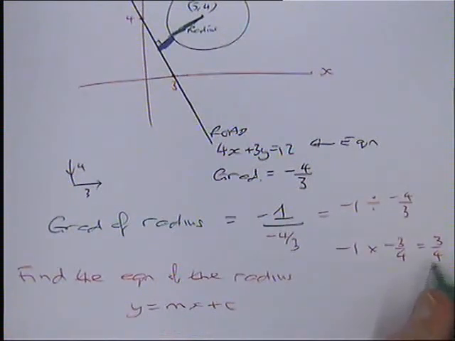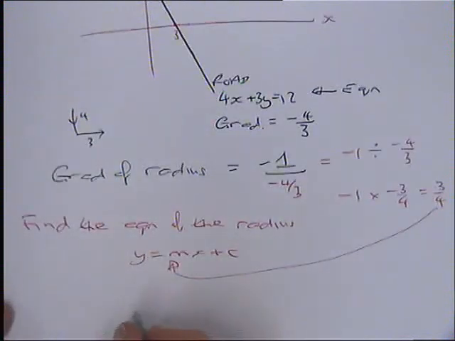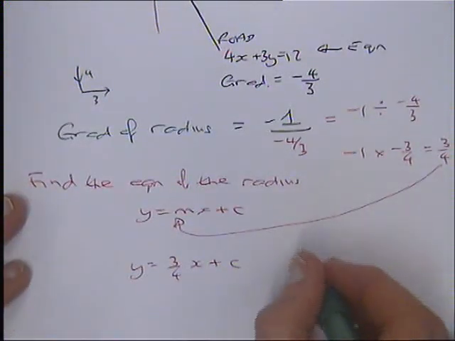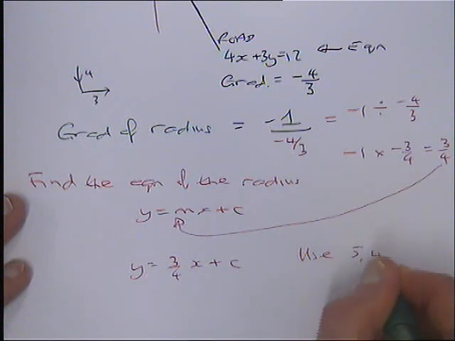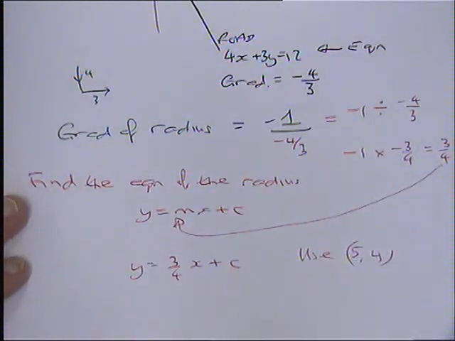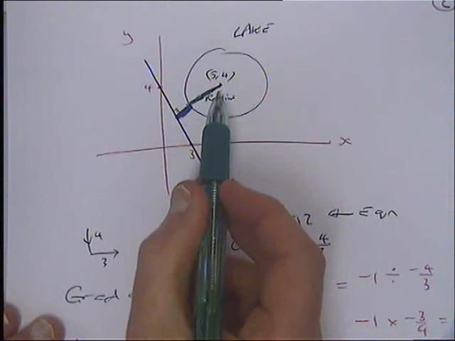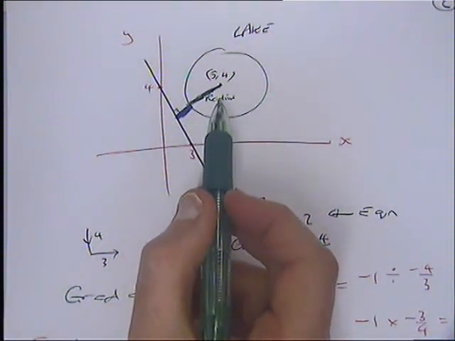I know that that 3/4 there is that m, that's the gradient. What did I do last time to find out a c value? Put a point in. What point do I know lies somewhere on the radius? That point 5,4. So if I now substitute in the point 5,4, where's 5,4? That's the centre, so therefore it's on the radius.